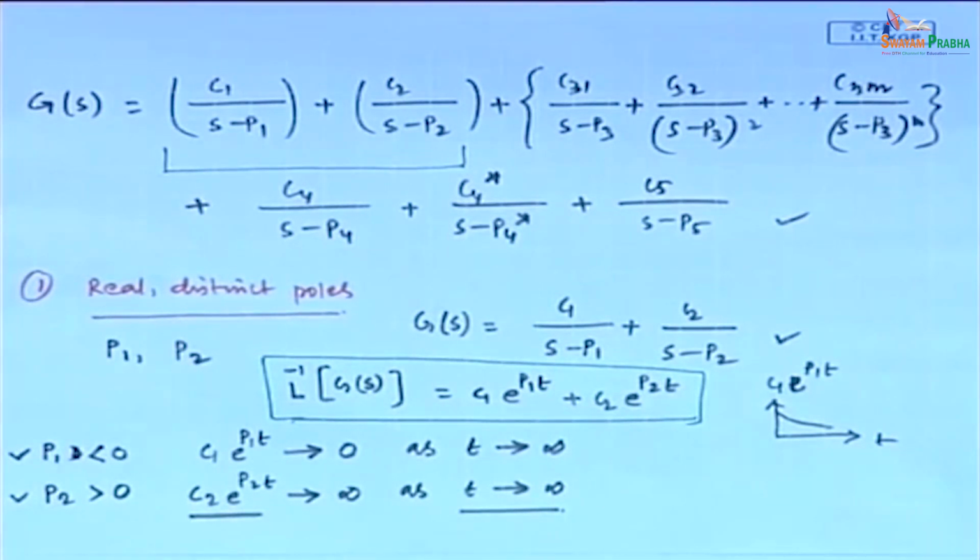So, we can say that if a system has the pole in the left of the imaginary axis, then the system is decaying to 0, that means the system is stable. And if the pole is greater than 0, it is growing exponentially towards infinity, that means the system is becoming unstable.